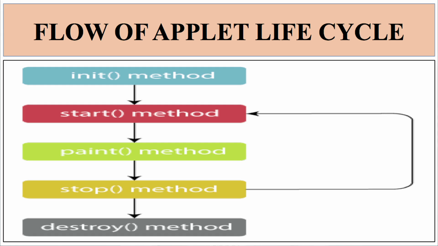By this method the applet will be born, then the start method, then the paint method, then the stop method, and finally the destroy method. After the stop method we can move to the start method again, so we can use a loop between start and stop. This is also the flow of the applet life cycle.